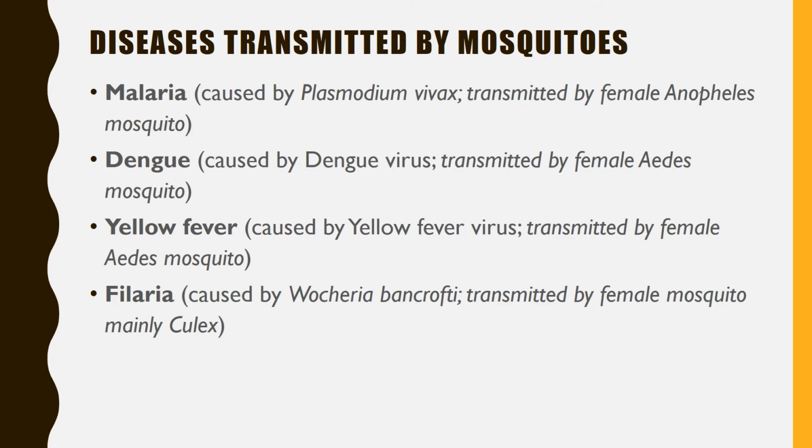Diseases transmitted by mosquitoes. Some of the major examples are malaria, dengue, yellow fever, and filaria. Malaria is caused by Plasmodium vivax and it is transmitted by the female Anopheles mosquito.